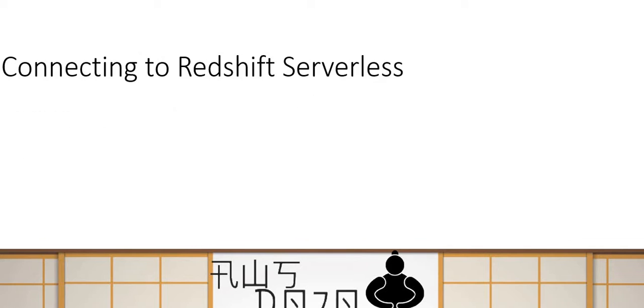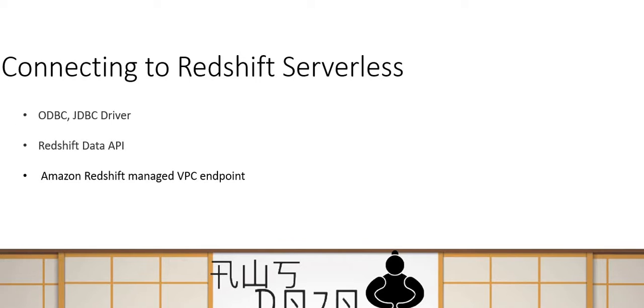Okay, so how do I connect to Redshift Serverless? There is no change in that. Basically, you can use JDBC, ODBC drivers, just like you have been using earlier. You can use Redshift Data API. You can also use VPC endpoints. If you are running Redshift inside a VPC and you want to keep the connection private, you might want to use VPC endpoints.